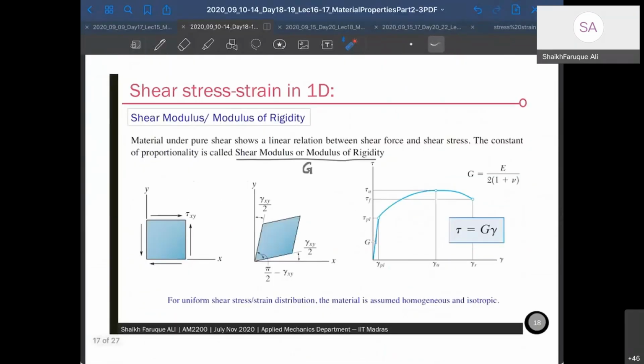So what we could not discuss is shear stresses in 1D material. Likewise, like your axial testing, you can do a shear test. For example, you have a rod, and then you start twisting the rod or giving a torque to the rod as long as it goes, right? So the material will first show a linear relationship, then it will slowly show a curve in the stress strain diagram.